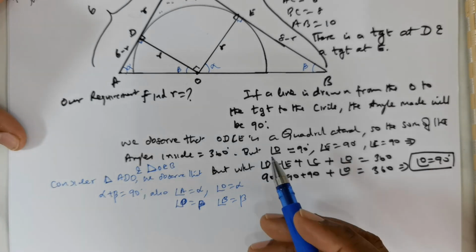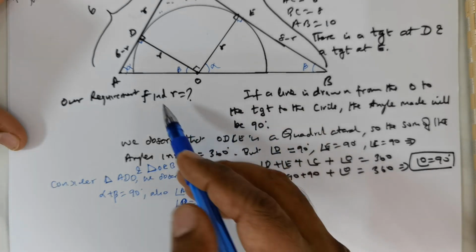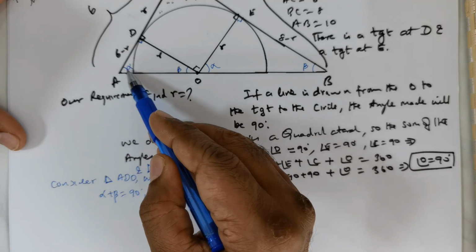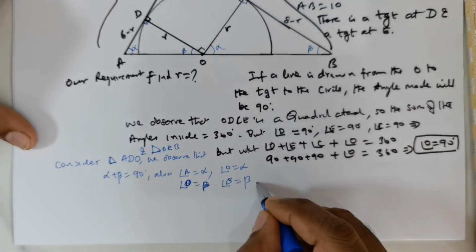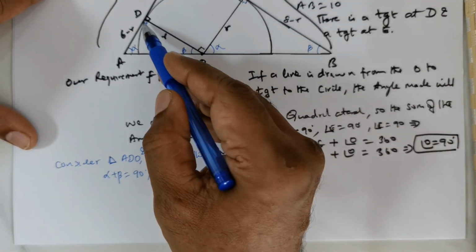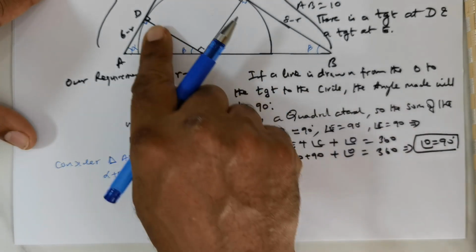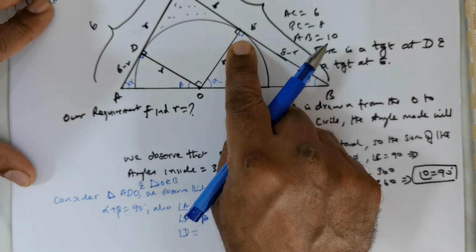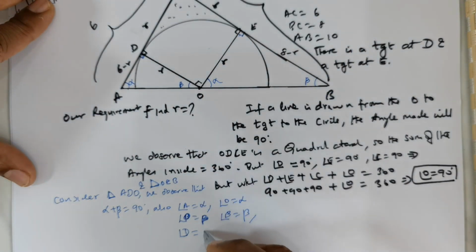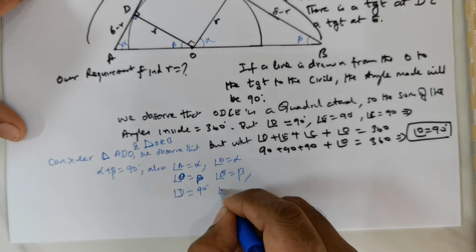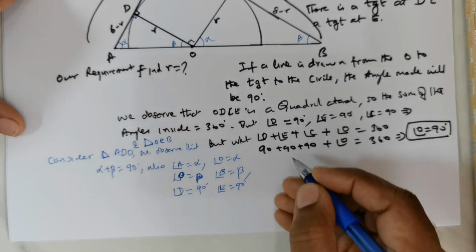So what are we talking about here? We are talking about two similar triangles. Clearly, and one important fact, angle at D over here is equal to angle at E. Angle at D is 90, angle at E is equal to 90 degrees.